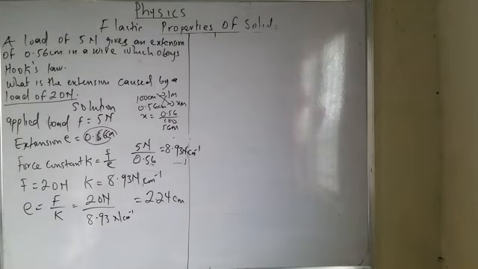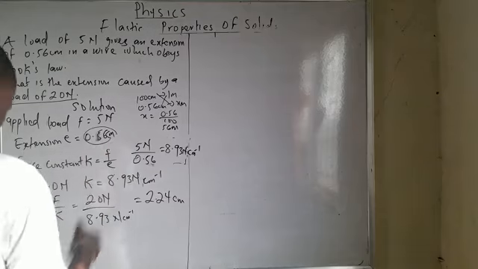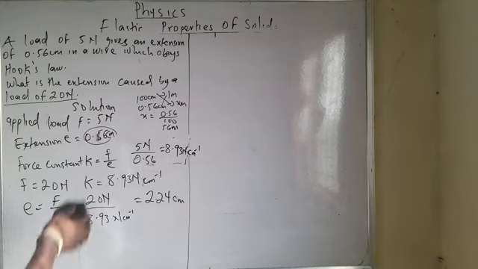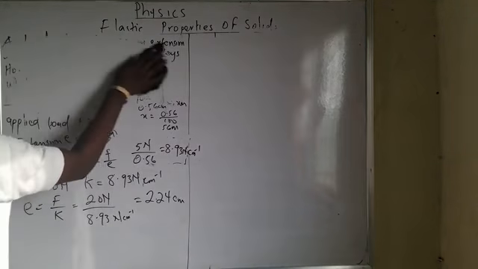The Newton cancels Newton, leaving 2.24 centimeter. Now, can you see how it's being done? Let me quickly add one or two questions to this before I round up this part.